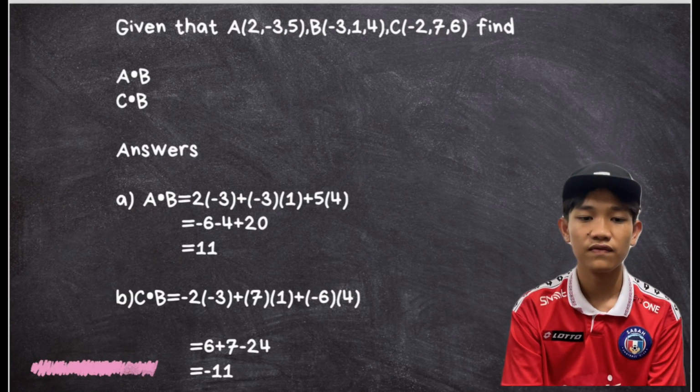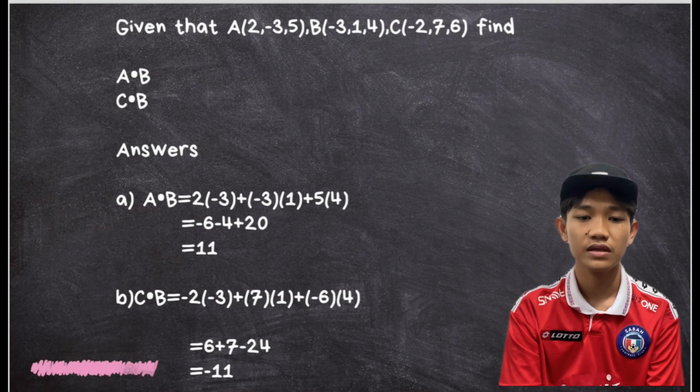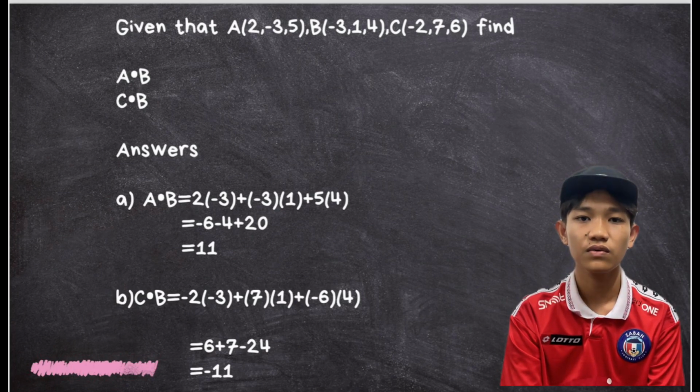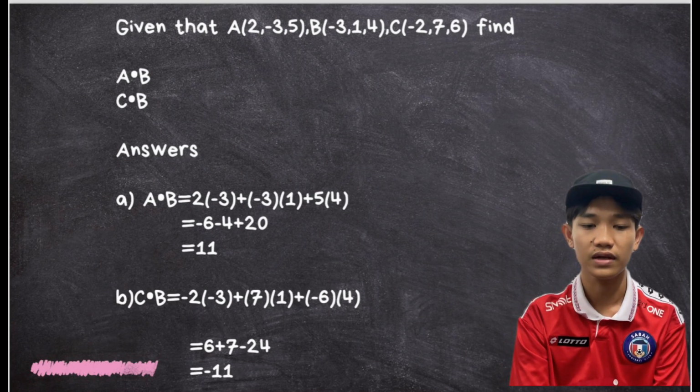Then solve the multiply first, and it becomes -6 minus 3 plus 20. The answer for question A is 11.